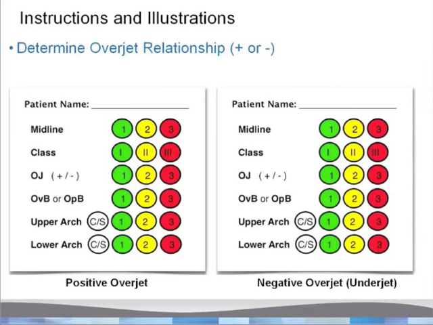So let's go back to our grid, and we're looking at just the third line here of overjet. The first thing you're going to ask yourself is, is this a positive or a negative overjet? And then you're just going to circle that you have a positive overjet and then make your assessment. So this would be a patient with a positive overjet of 2. If you had a class 3 patient or a patient with an anterior crossbite, then you're going to have a negative overjet.